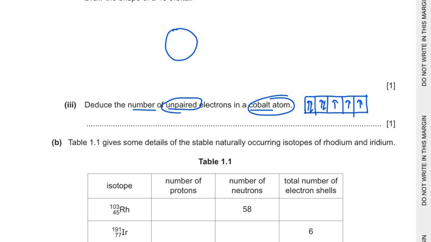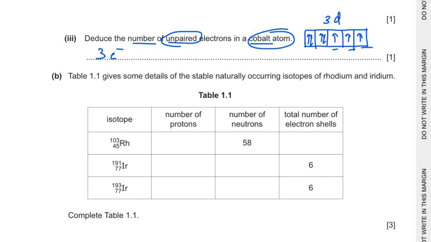So remember, all the orbitals of d have to be singly filled first and then the pairing starts. So if we have 7 electrons in the 3d orbital, this is how it's going to be, with paired electrons, and we can see that there are 3 electrons which are unpaired. So we can write there are 3 unpaired electrons in the 3d, or you can say in the cobalt atom.